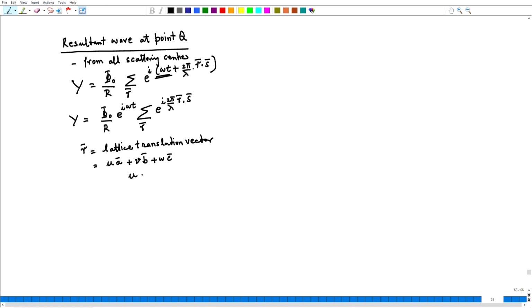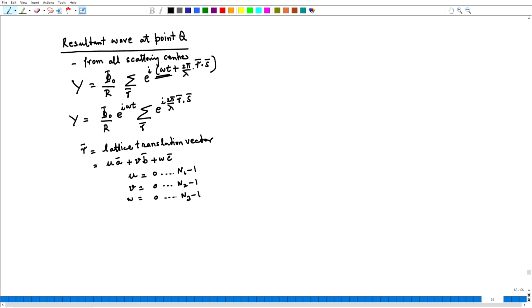So, u will vary from 0 to n1 minus 1, v will take a value from 0 to n2 minus 1, basically visiting all the scattering centers, and w will vary from 0 to n3 minus 1, where n1, n2, n3 are the numbers of scattering centers along the A axis, B axis and the C axis.